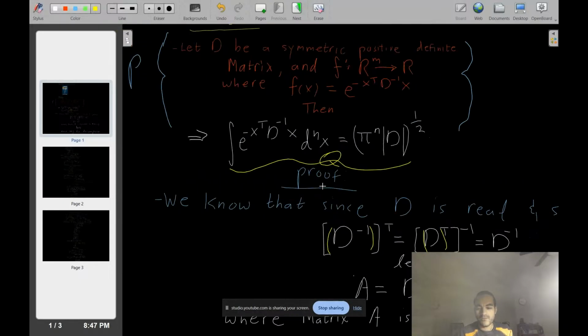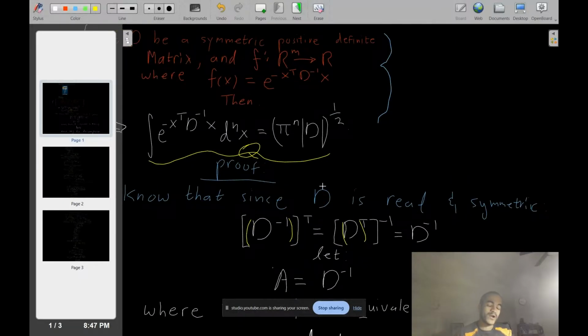Now, I will let A equal D inverse. It doesn't matter what I call it; I could have left it as D inverse. The reason I made it A, can anyone figure out why?